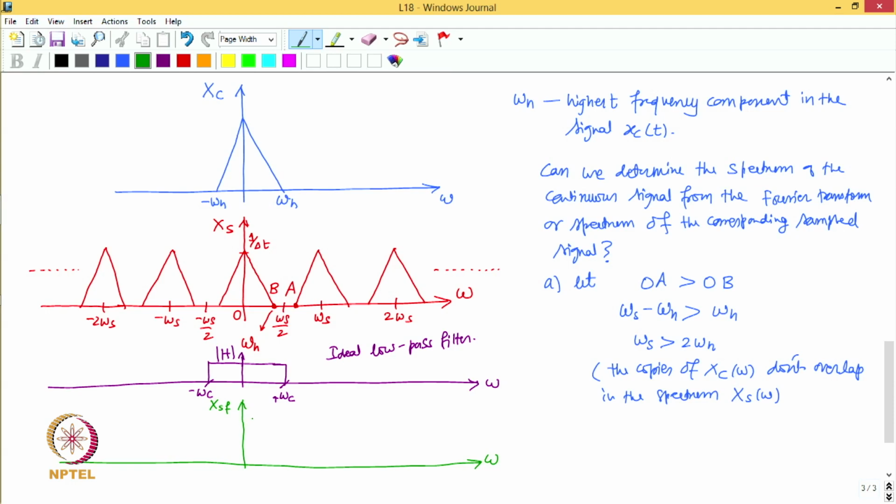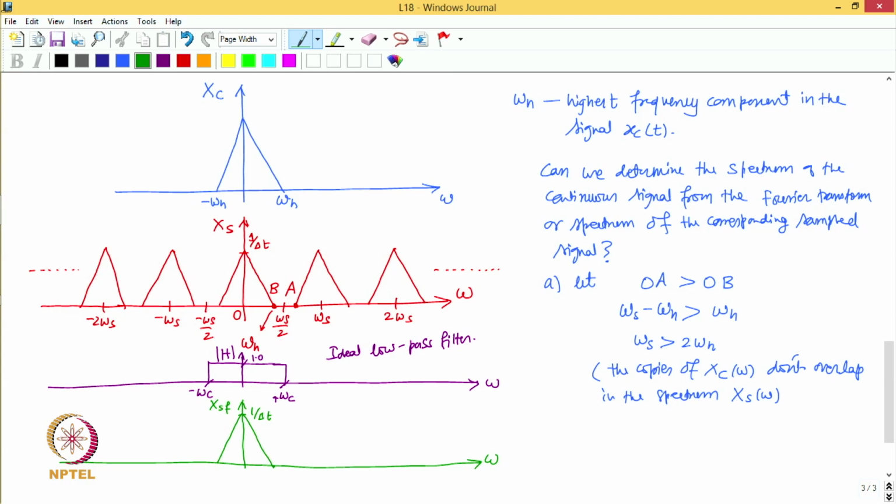Because the filter characteristics are ideal, and let us say the magnitude of the filter is 1 here, only the copy Xc(omega), which will be like this, will be retained in the filtered signal.